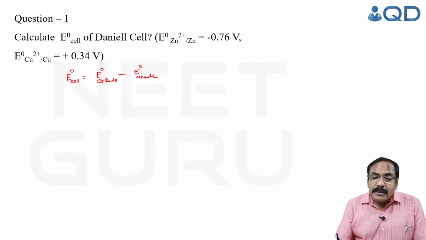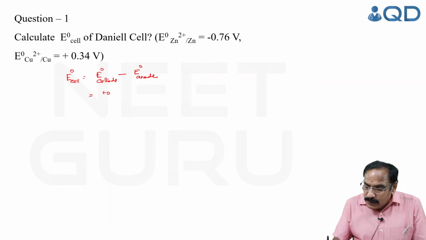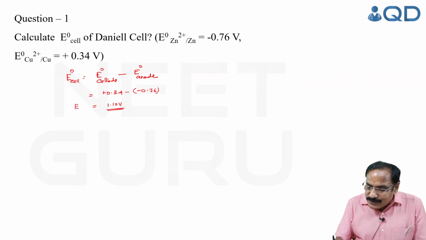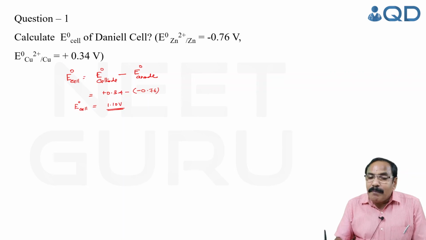Always remember the potential of the cathode should be high and that of the anode should be low. Then only E0 is positive, and then only the redox reaction is spontaneous. So, E0 of copper cathode is +0.34 and of zinc anode is -0.76. So, E0 cell of the Daniell cell is 1.10 volts.